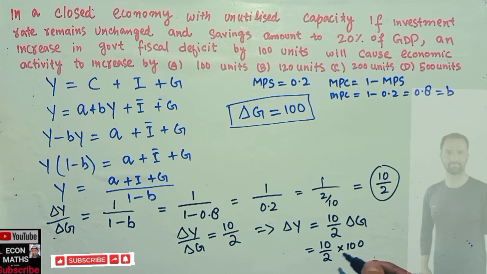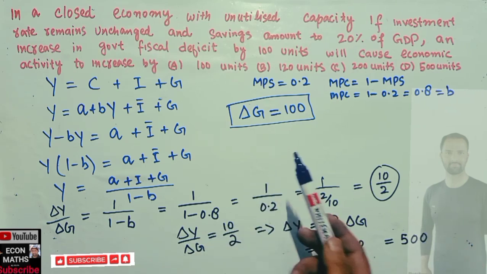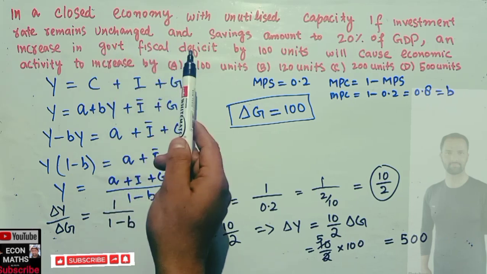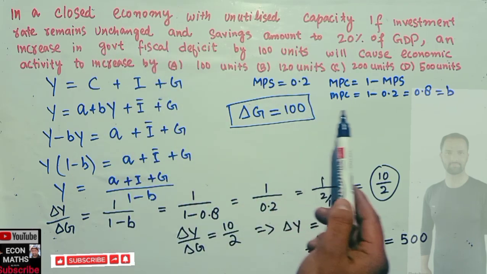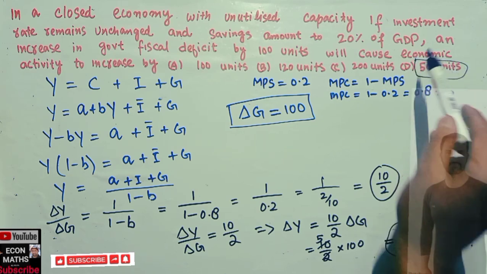So 2 ones are 2, 2 fives are 10, so this becomes 5 into 100, which comes out to be 500. That means the change in economic activity when the government fiscal deficit increases by 100 units will be equal to 500. So the correct option should be this.